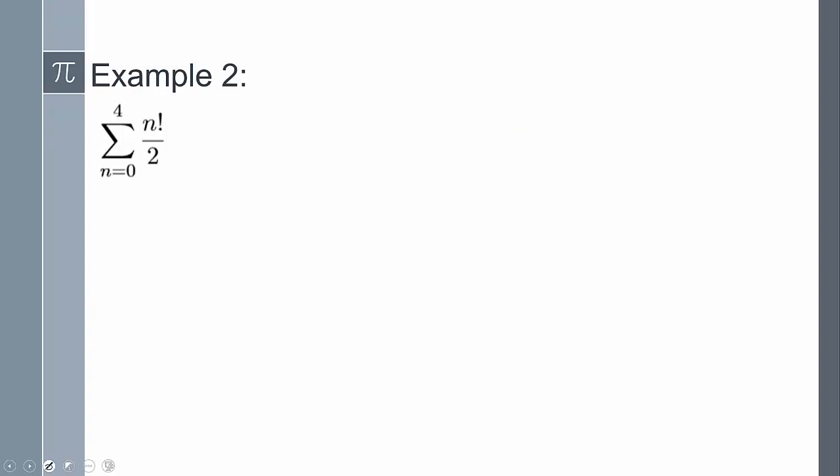So this one here is saying add up all of my terms from my first term being 0 to my fourth term. Now, I don't know if we've gone over this or you've seen it in math before. This factorial notation means multiplying all the factors down to 1 from that starting number. So for example, if I said 5 factorial, that's the same as 5 times 4 times 3 times 2 times 1.